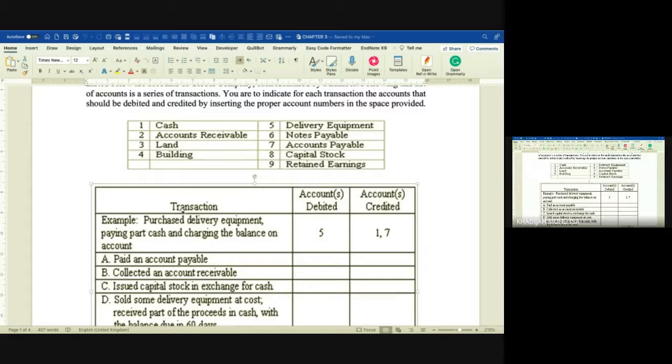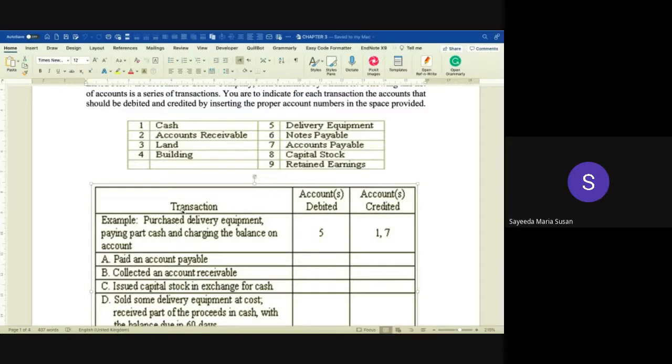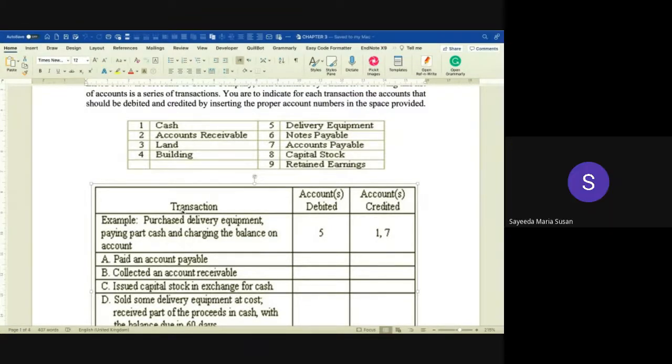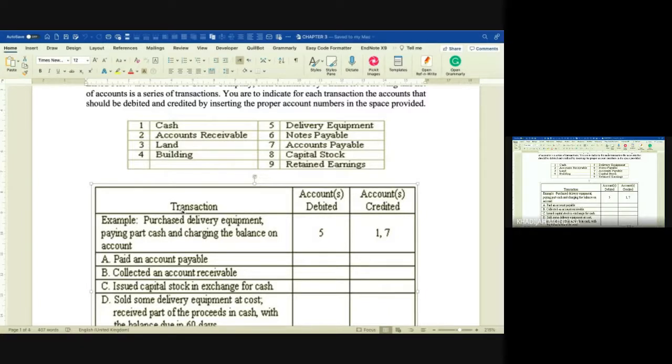But how do you pay your accounts payable? By what? You pay cash. You use your cash to pay your accounts payable. So does your cash increase or decrease? Decrease, because you pay, right?